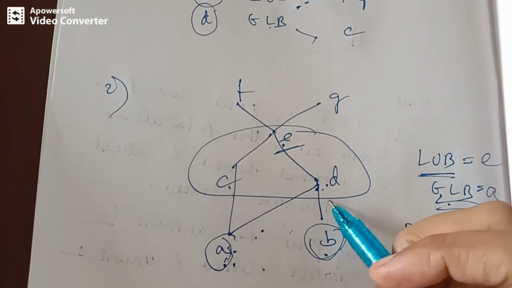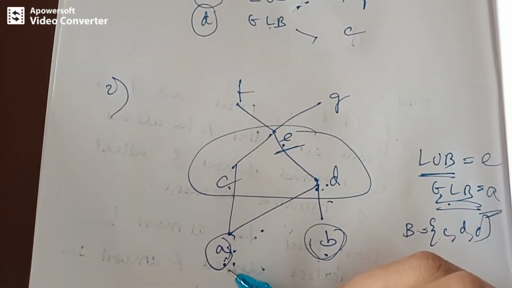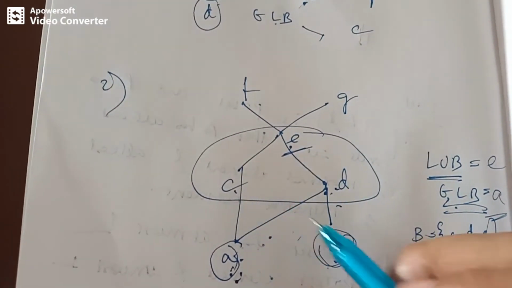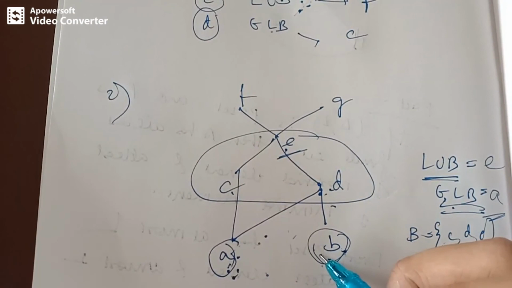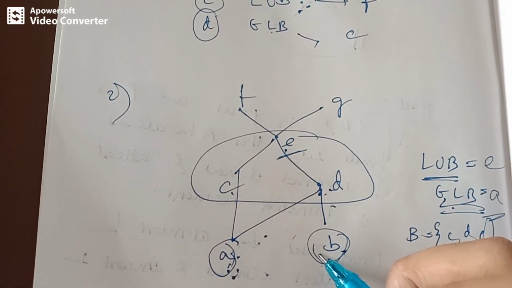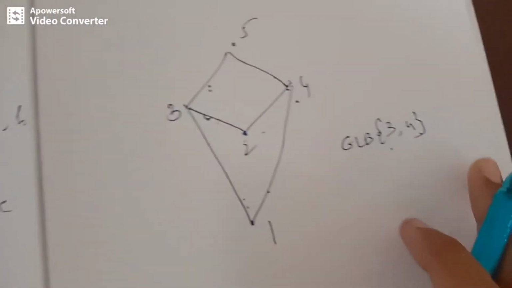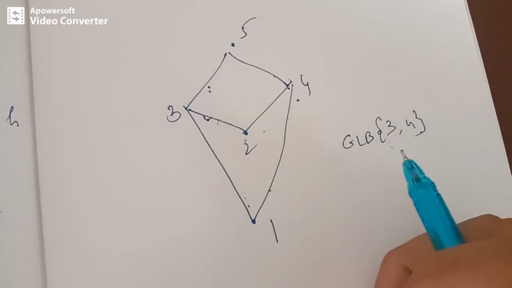For example, C and D are related to A, and we cannot consider B because C is not related to B. Fine. In this particular Hasse diagram, the greatest lower bound of 3, 4 does not exist.